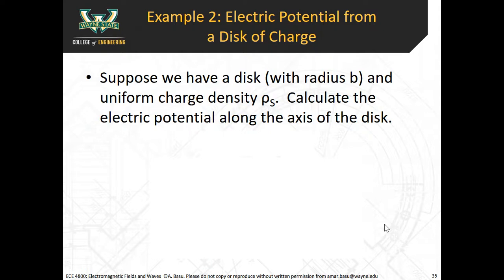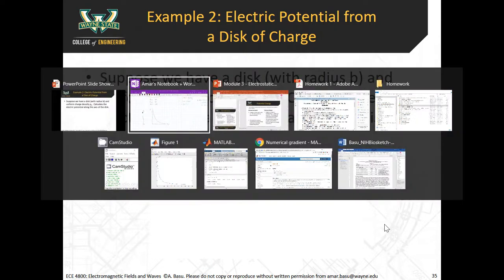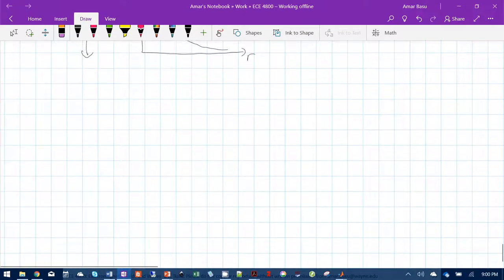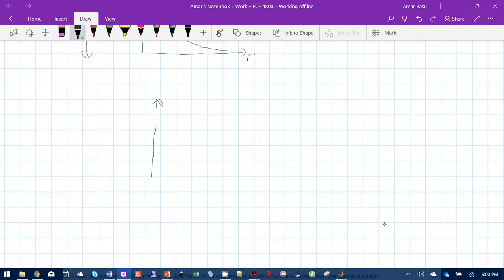Yeah, the disk is on the XY plane. So, if this was your three-dimensional space here, your disk is sitting here on the XY plane.